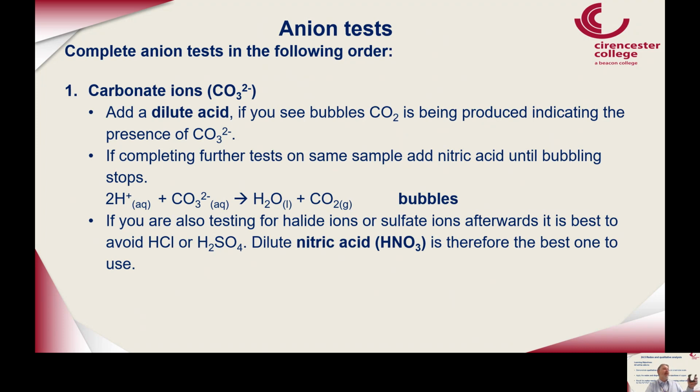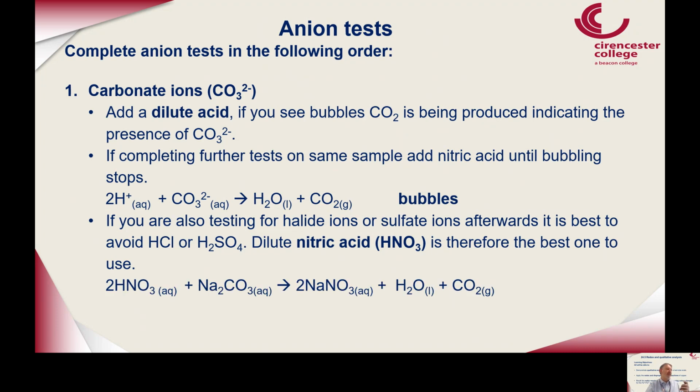If you are testing for halide ions, which contain chloride, or you're testing for sulfate ions afterwards, don't use sulfuric acid or hydrochloric acid. That's why we always specify nitric acid. We don't actually do any tests for nitrates very well in the course, because nitrates tend to be soluble, so that makes them harder to test for.